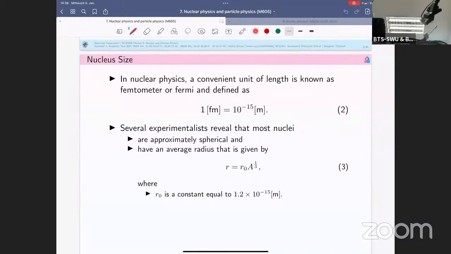For the size of the nucleus of any atom, it's more appropriate to use a smaller scale, because the nucleus size now reduces.